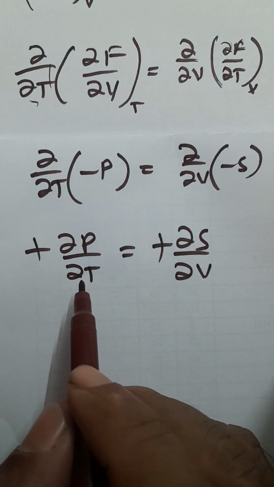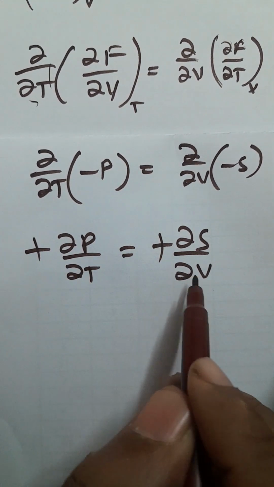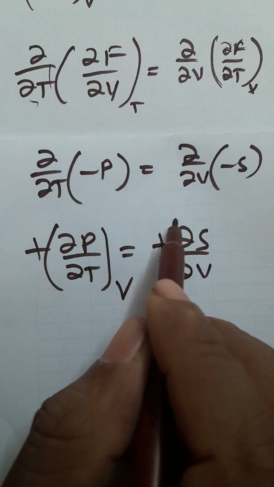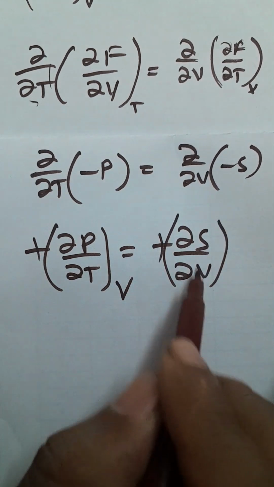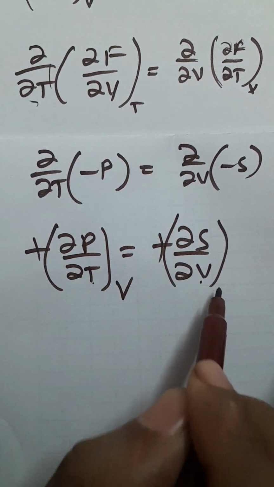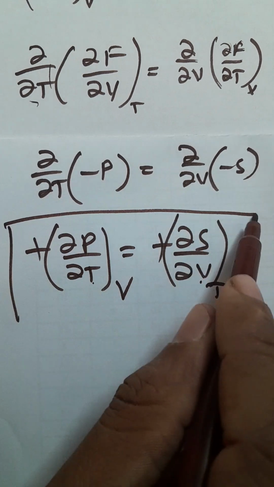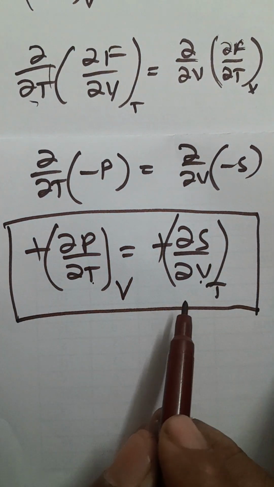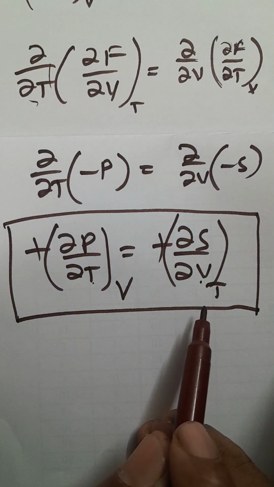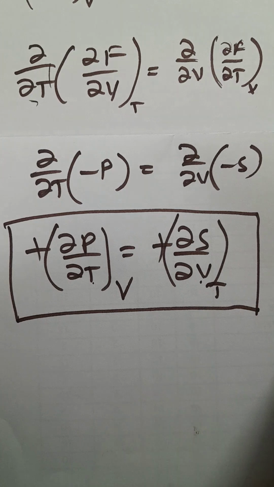So dou P by dou T at constant volume equals dou S by dou V at constant temperature. This is called the second thermodynamic relation, or Helmholtz function relation.